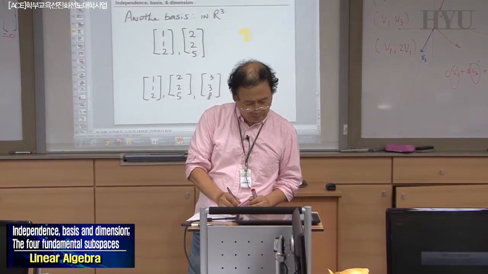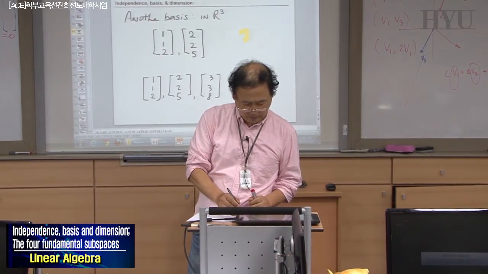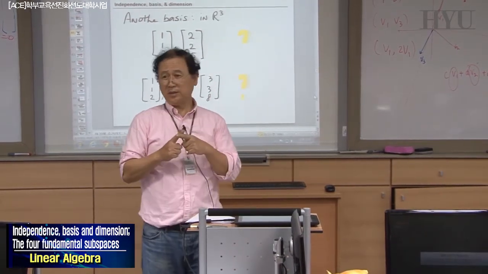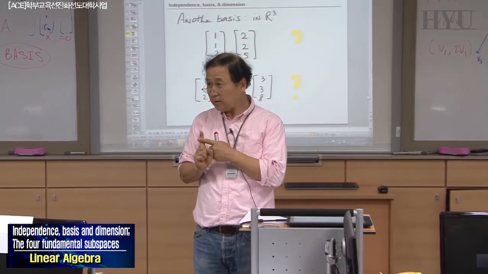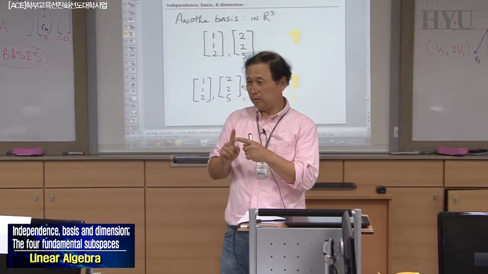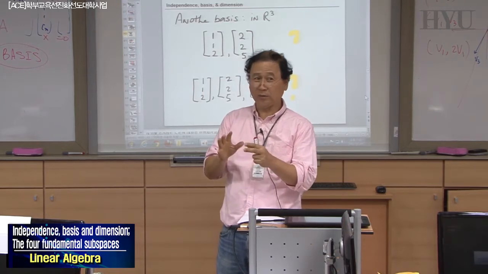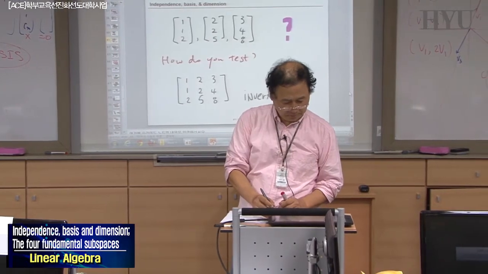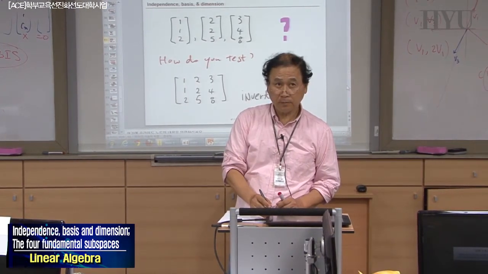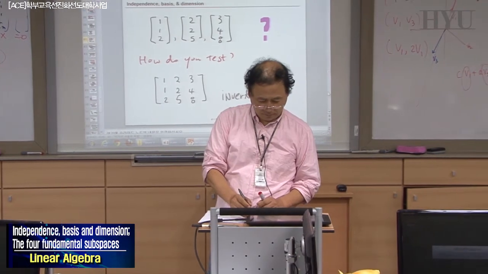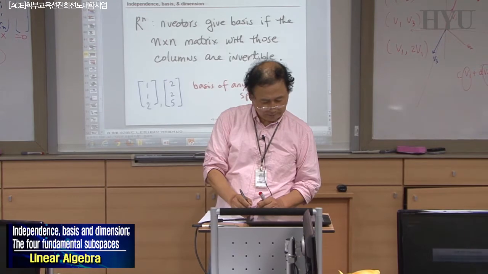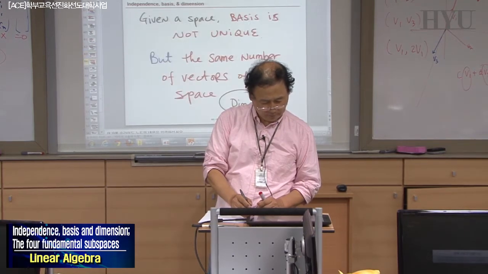You can find all these spaces, not the problem. So when you try to find these bases, each vector should be independent, okay? Also, the number of basis vectors depends on how many independent vectors there are. So a basis is not unique.